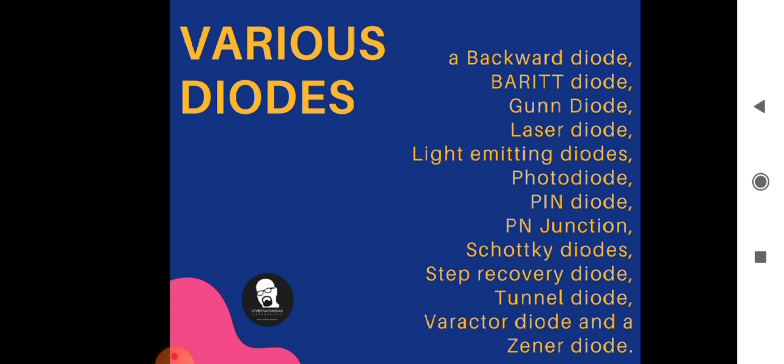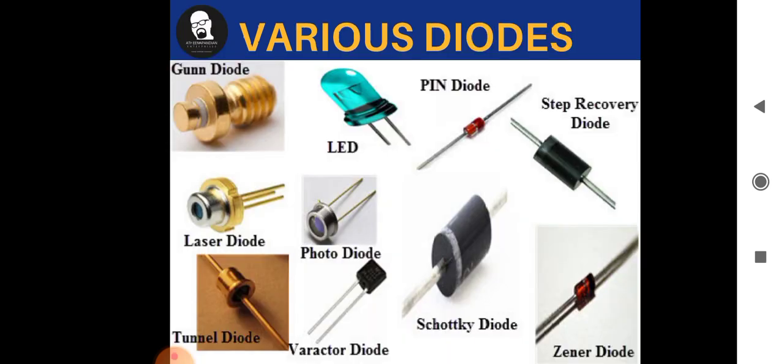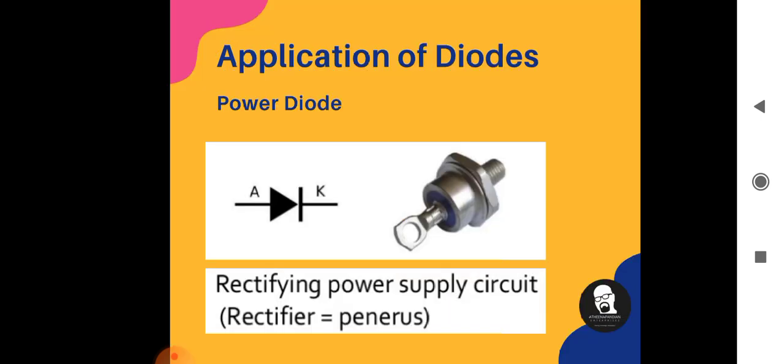So for amplification and switching purpose, the diode is used in various electronic circuits. These are the pictures of some various diodes. You can see the pictures: gun diode, LED means light emitting diode, pin diode, step recovery diode, laser diode, photodiode, tunnel diode, varactor diode, Schottky diode, and Zener diode.